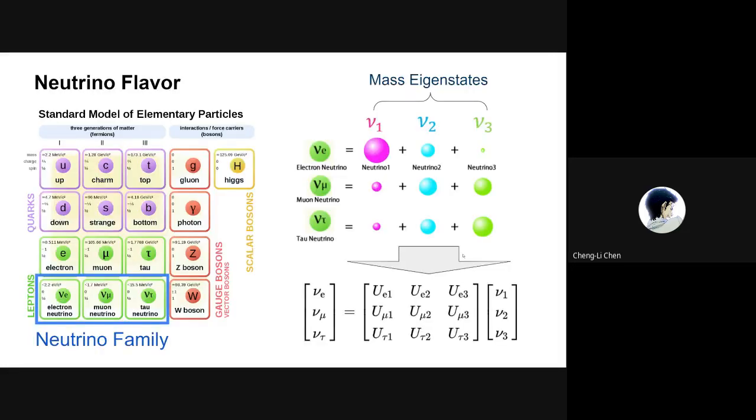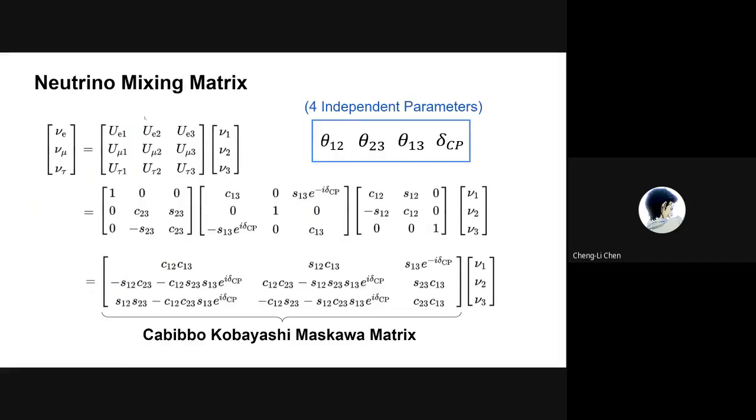Okay, so neutrino has 3 different flavors, which are electron, muon, and tau neutrino. Each flavor neutrino is composed of 3 kinds of mass eigenstates with certain proportion. We can describe such superposition in matrix form. Here we introduce the neutrino mixing matrix.